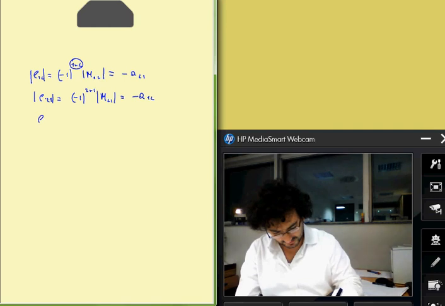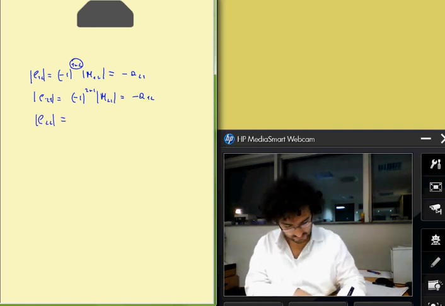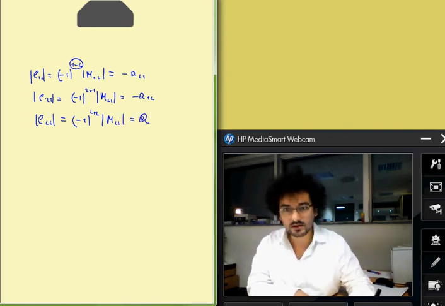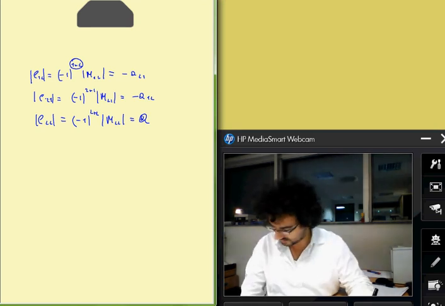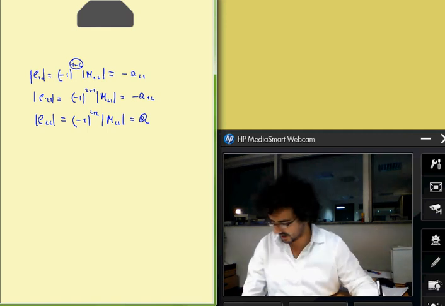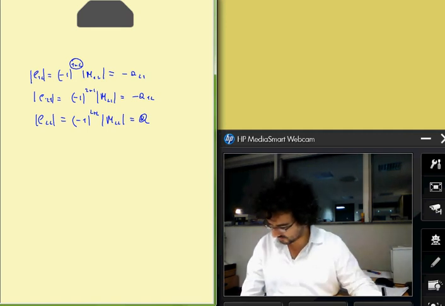Finally, the cofactor C22 will be equal to minus 1 to the power of 2 plus 2 times M22, so will be equal to A11.